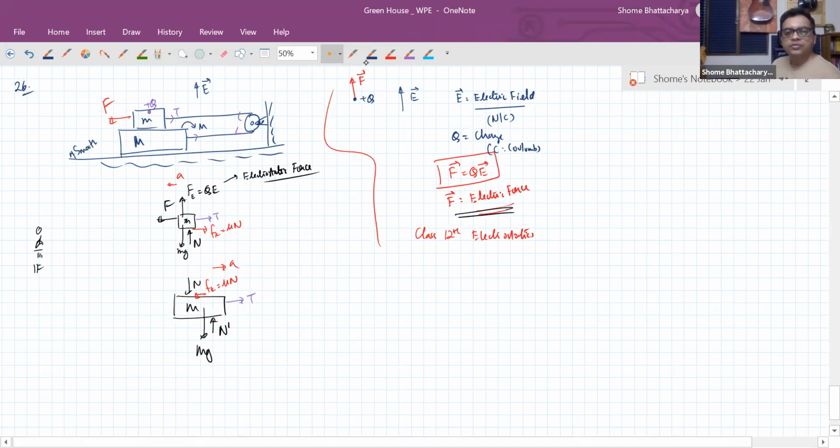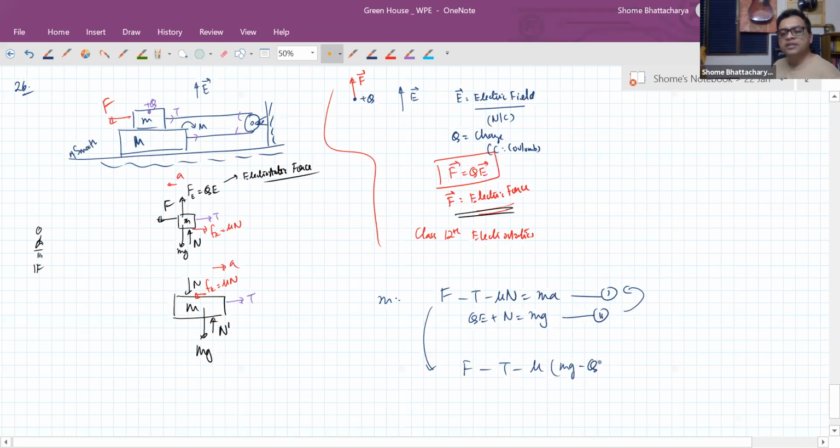So for the smaller block m, we have the equation F minus T minus mu N is equal to small m a. Okay. And QE plus normal reaction is equal to small mg. Okay. So substitute this over here and we have F minus T minus mu mg minus QE is equal to m a.